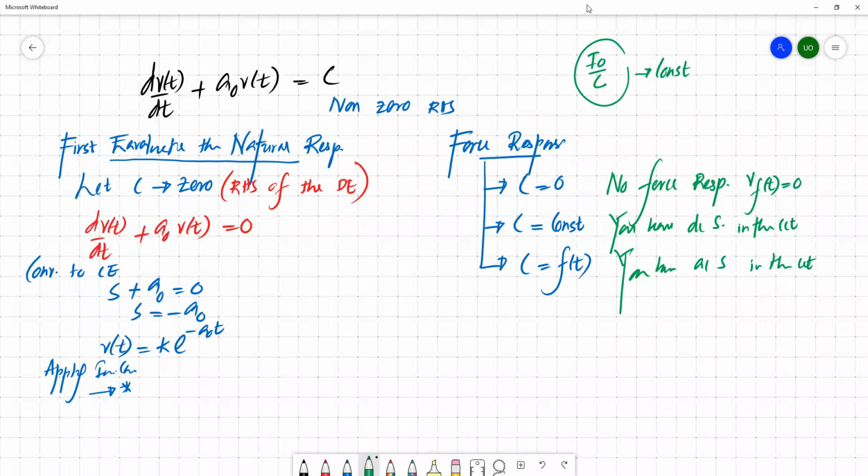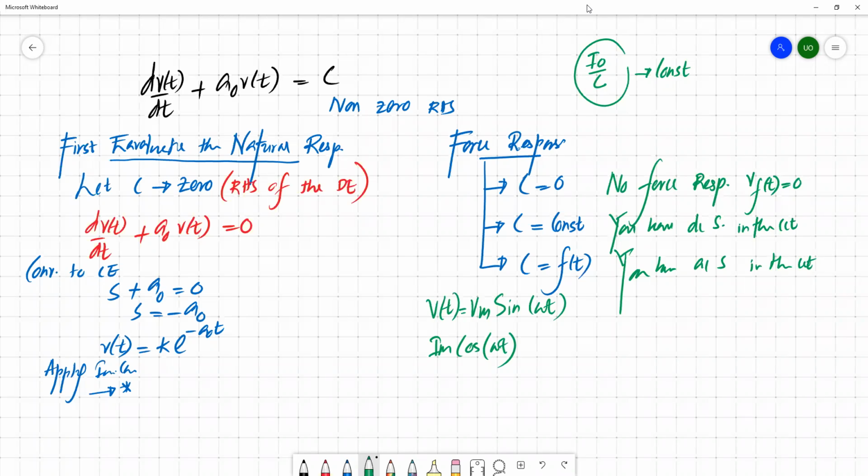C is a time dependent quantity, a function of time. Then you can claim that whatever sources you plug into the circuit are time varying sources. For example, if you connect a voltage source Vm sine omega t, or instead of I naught, if you have Im cos omega t, then you definitely end up with a time dependent quantity on the right hand side.